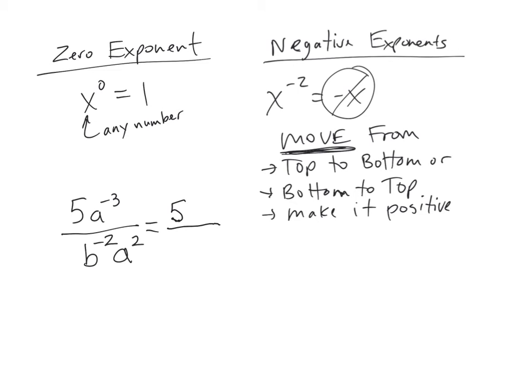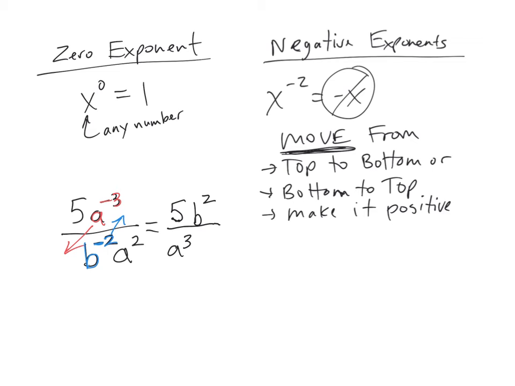Alright, so then my a, let's use color codes, my a is going to go down, so a to the third. And then my b to the -2 is negative, so it's going to move to the top, b to the second.